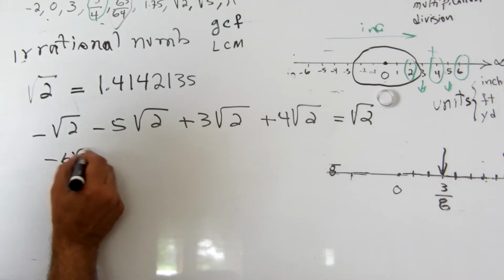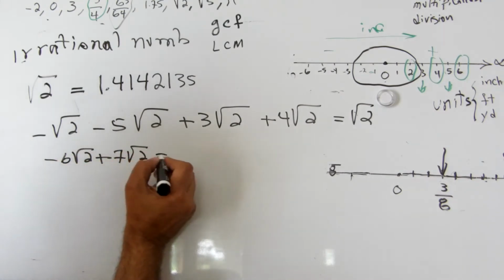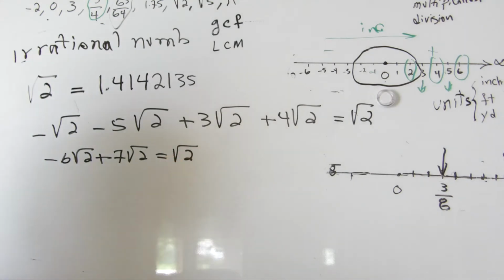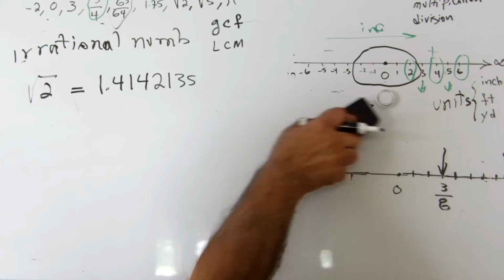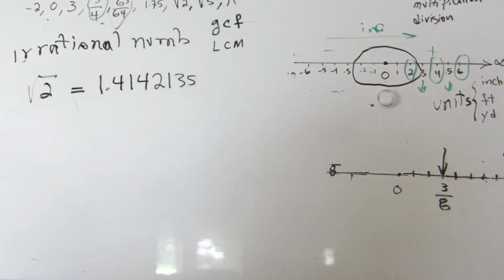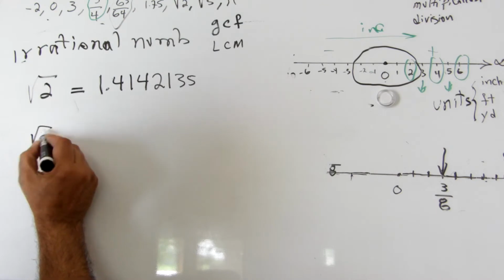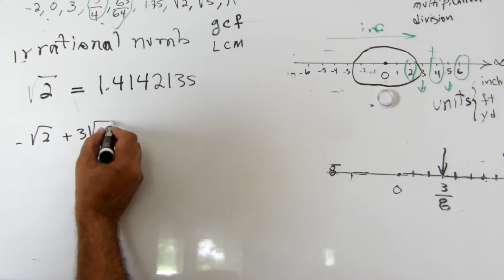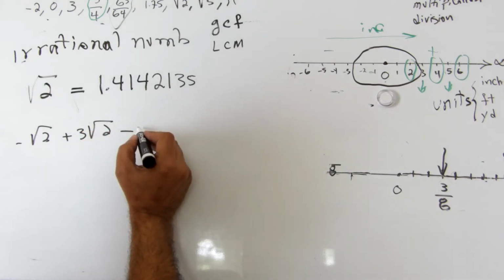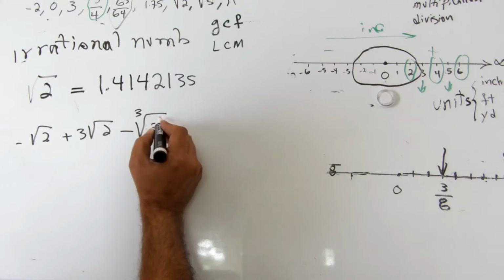Minus 6 radical 2 plus 7 radical 2 is going to be radical 2. Okay? Let me tell you something. Like we have minus radical 2 plus 3 radical 2 minus radical 3, like we have here.